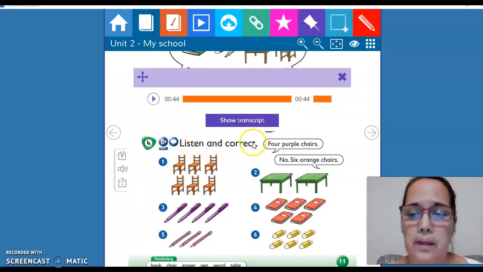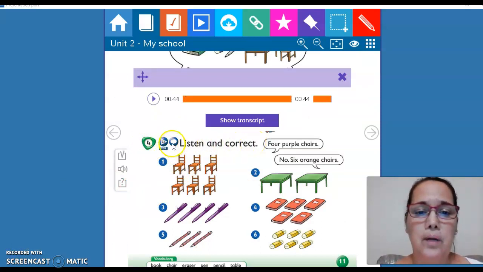Listen and correct. Okay? You listen and you correct. Pay attention for number 1. Listen. Pupil's Book, page 11. 4. Listen and correct. 1. 4 purple chairs. Is it correct?